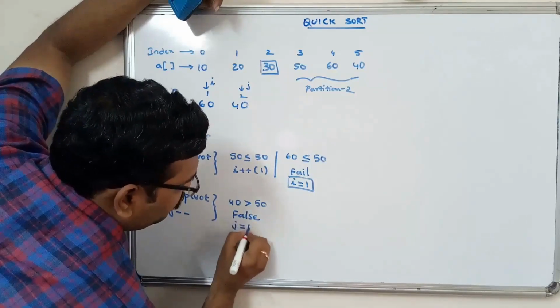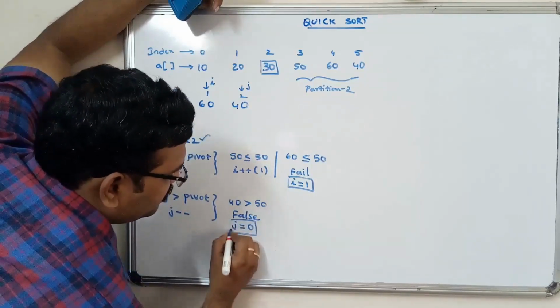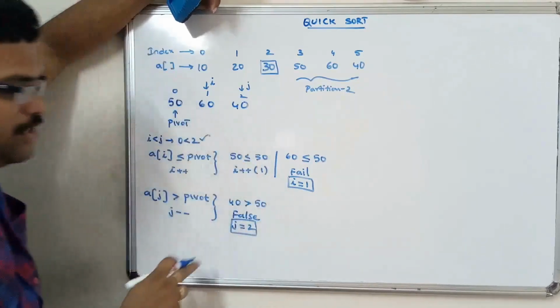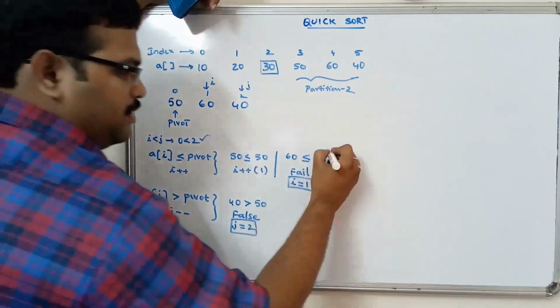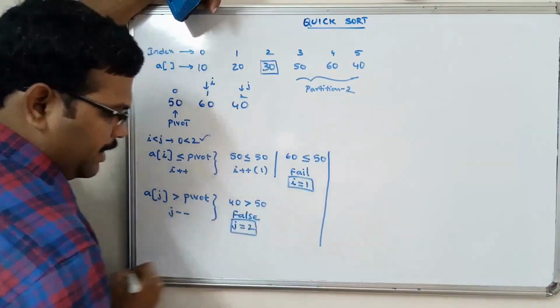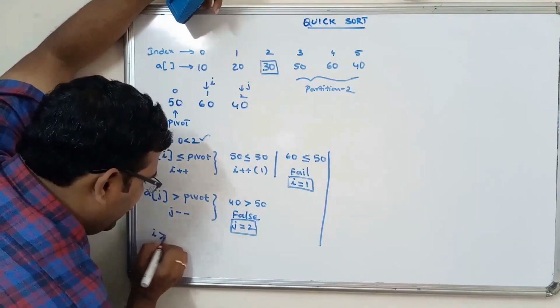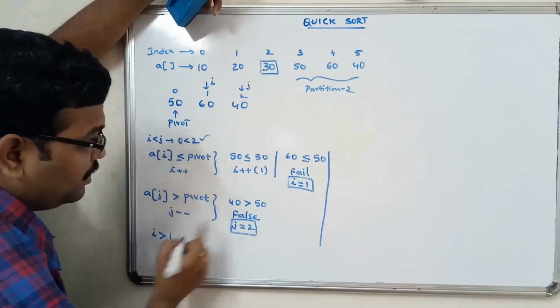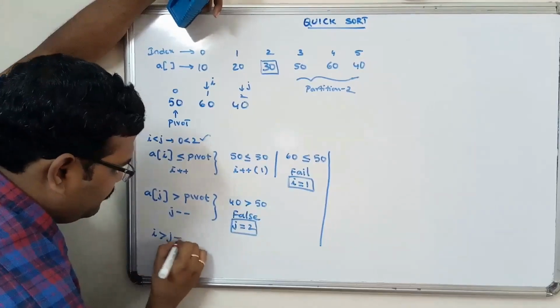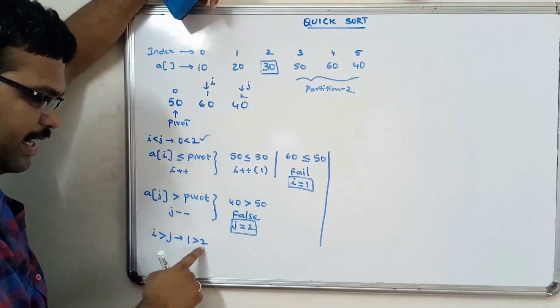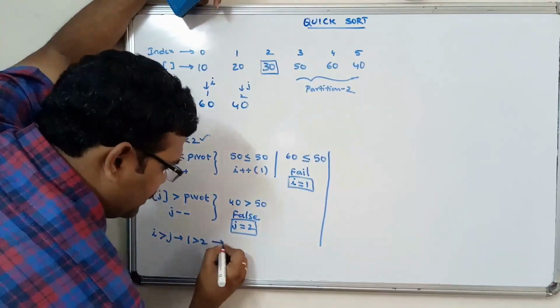So at J is equal to 2, the condition fails. Then if you observe, check the condition I greater than J. Here I is 1, greater than 2? It is false.